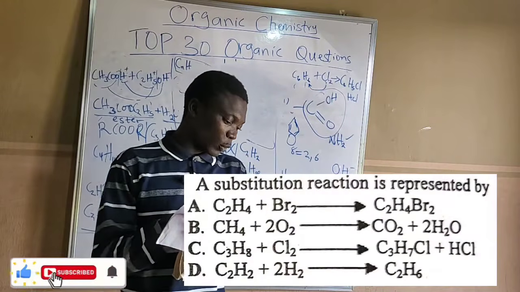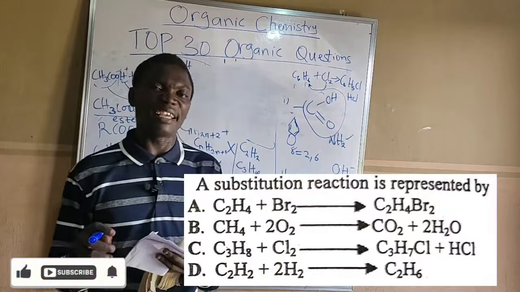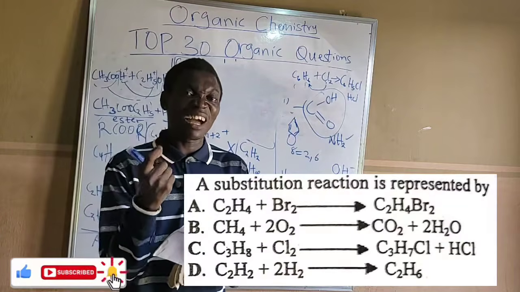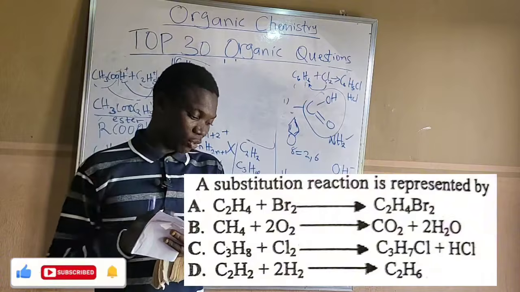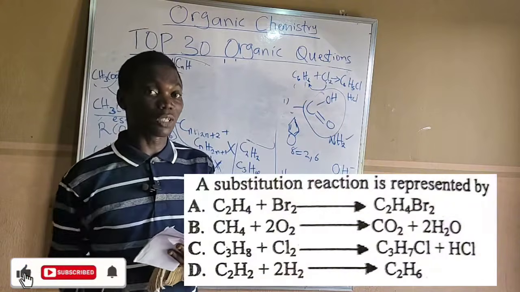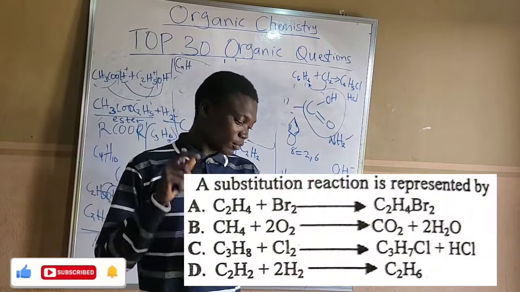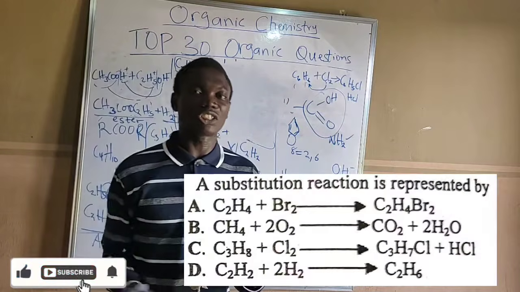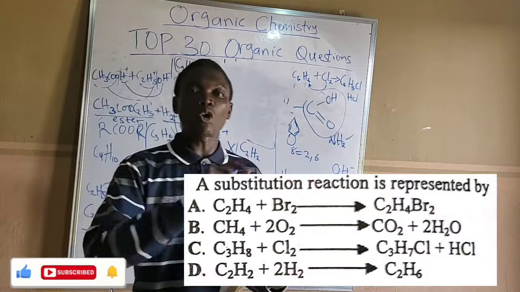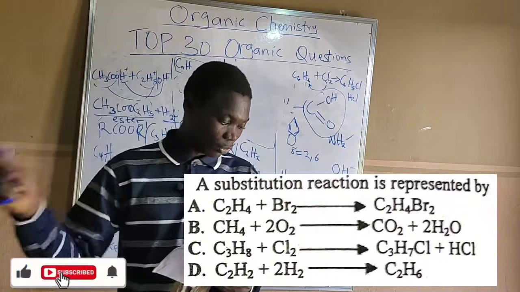But when you look at option A, C2H4 is not an alkane. It is a member of alkenes, not alkanes. So option A is wrong, and alkenes do not undergo substitution reaction. Please take note. Be wise. Option B, CH4 is actually an alkane, but it's reacting with oxygen. That is not substitution reaction. That one is called combustion. So option B is wrong.